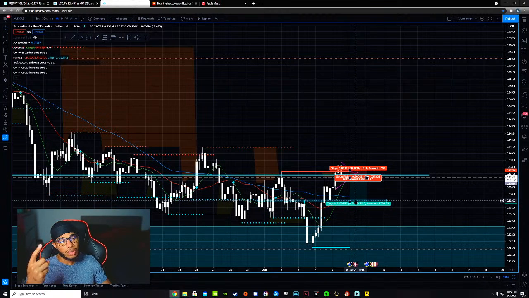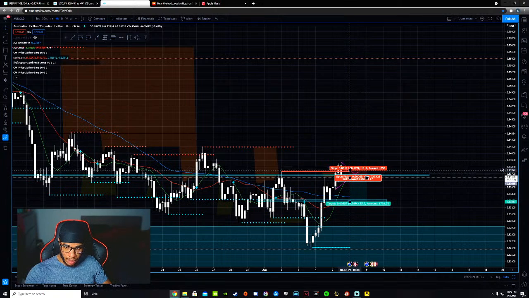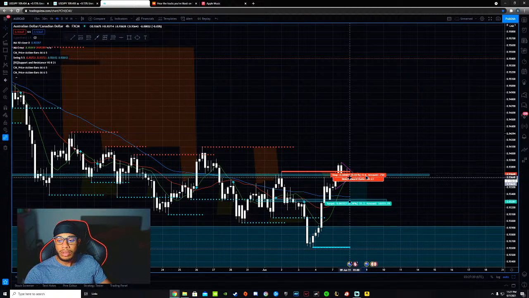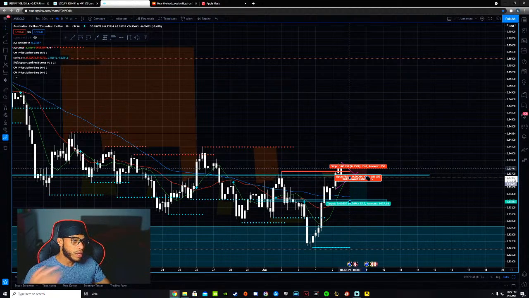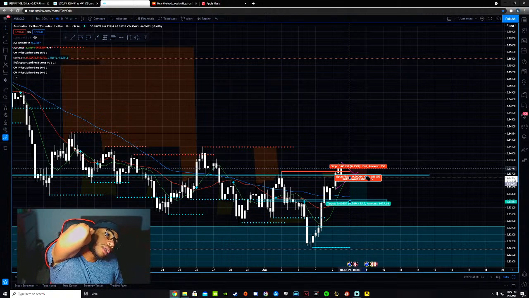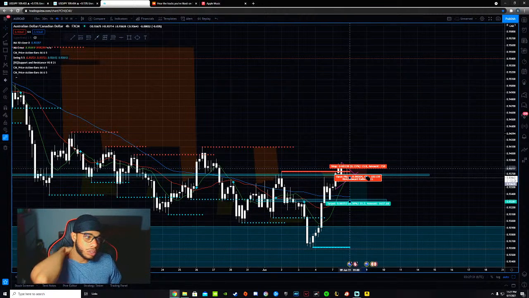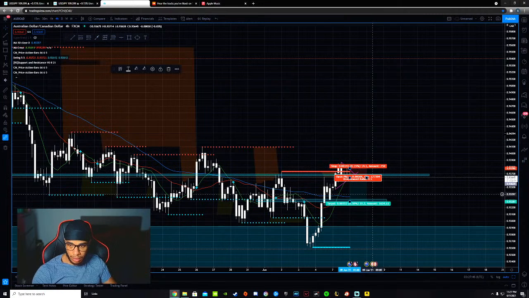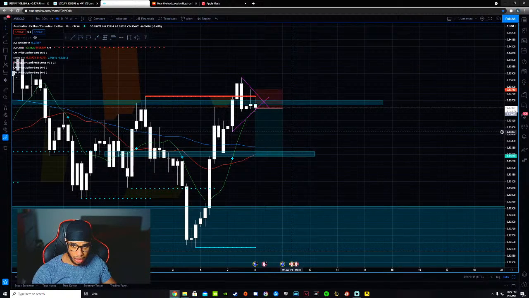I have 2 trades in, so I'll probably hold one, and if this one closes out and I take profit, I'll move my stop loss to break even. So that is a risk-free trade, and if price does end up coming all the way back to where we started, it'll close out and I won't lose or make money. But honestly, it depends on what it's looking like when it's close to the trade closing. If I want to hold it or not, I might close both out. I might not. We'll see.